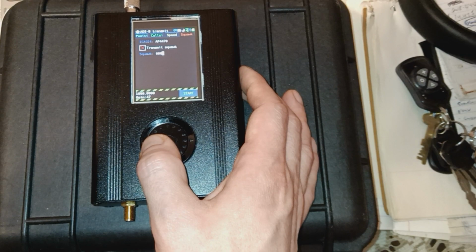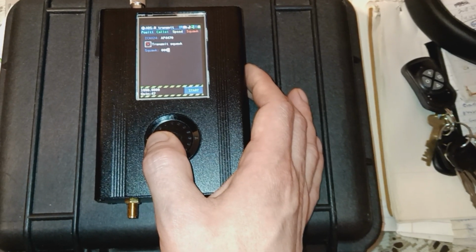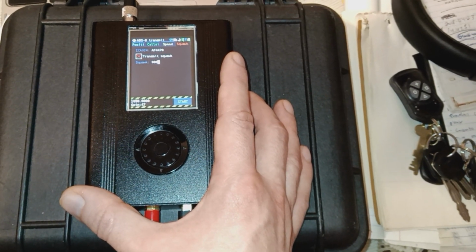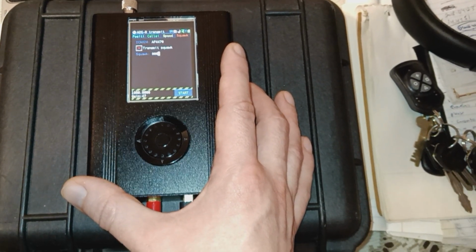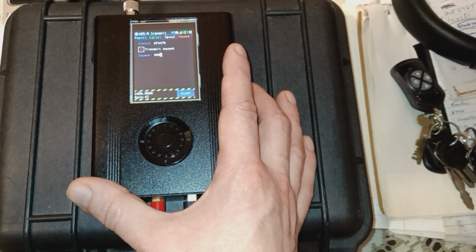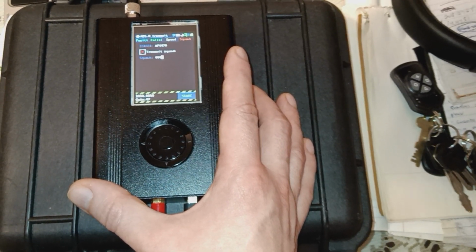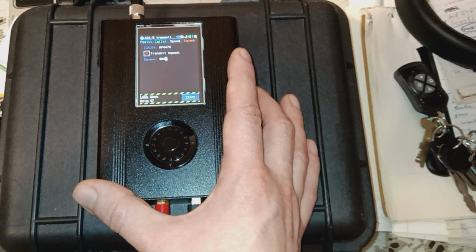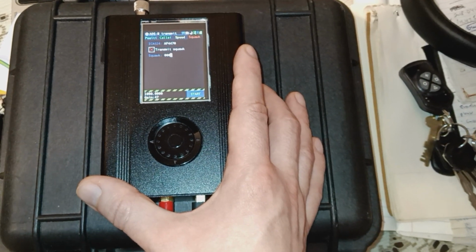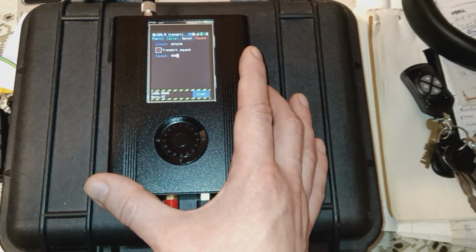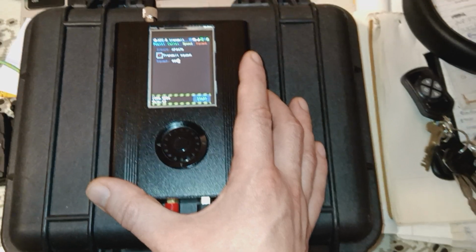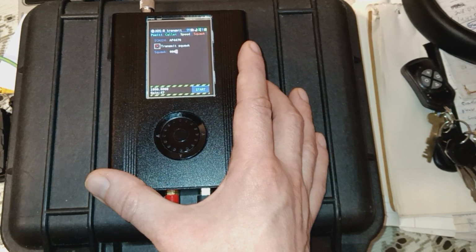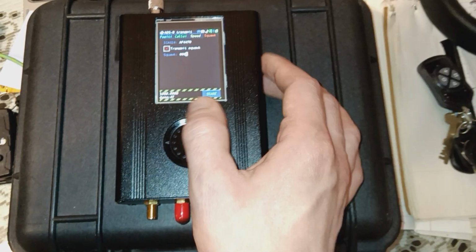Anybody familiar with the history of RFID? It was somewhat developed out of what was known as the friend or foe identifying systems, which were invented by the British during World War I, and that allowed aircraft to identify themselves to base as either a friend or a foe using radio frequency.